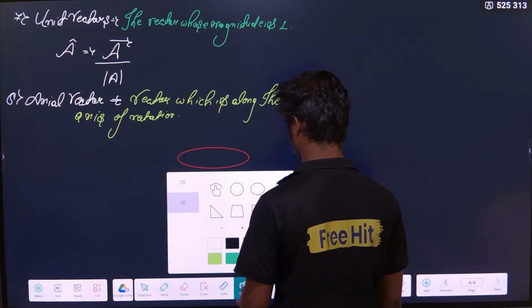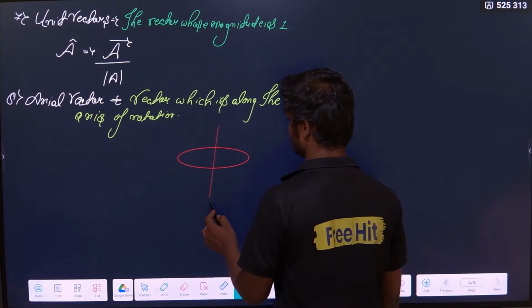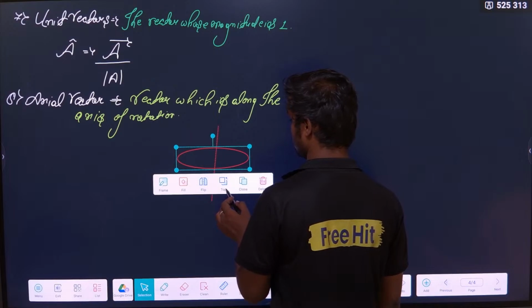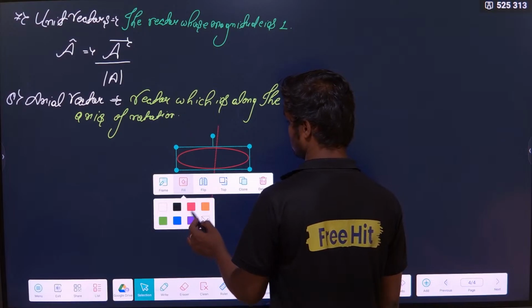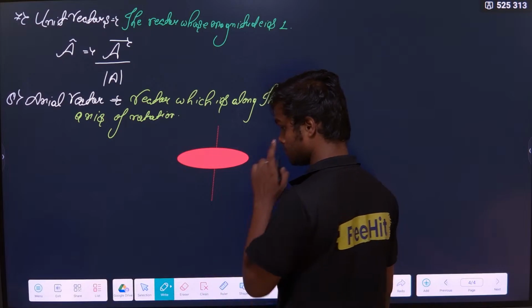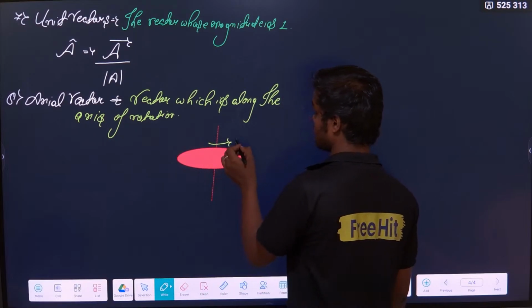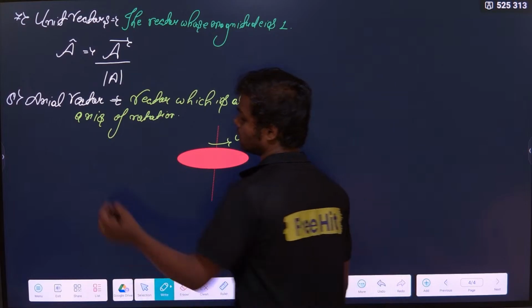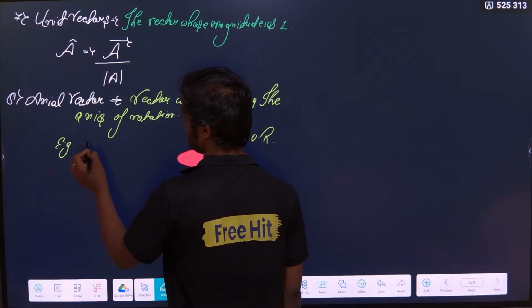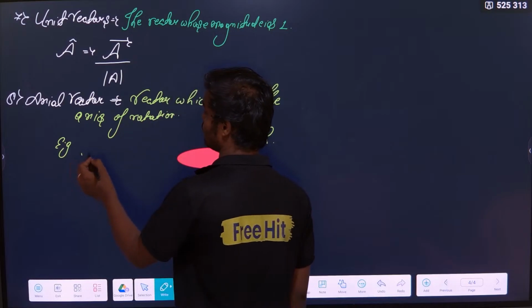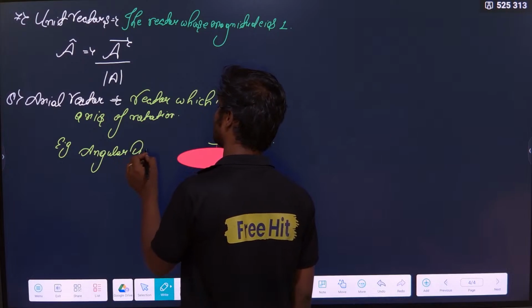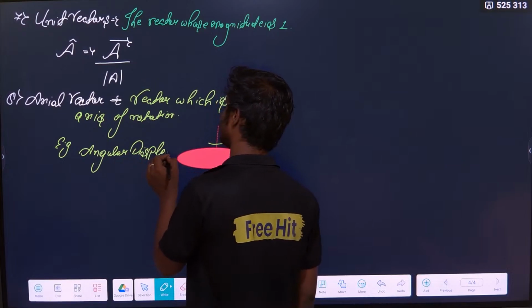Suppose this is the axis of rotation, correct? There are a lot of such vectors, for example angular displacement. You will see this in rigid body dynamics.